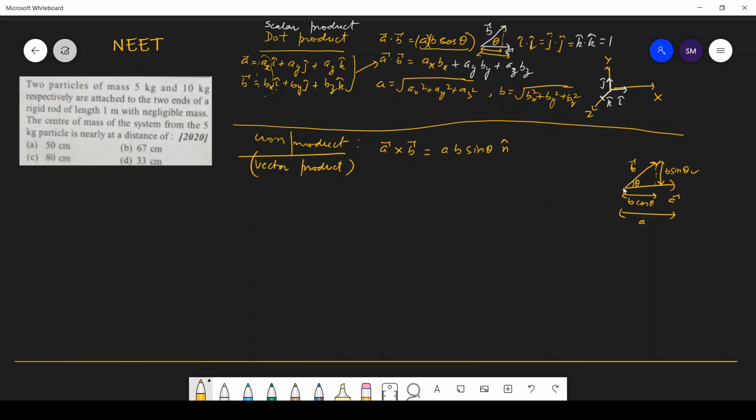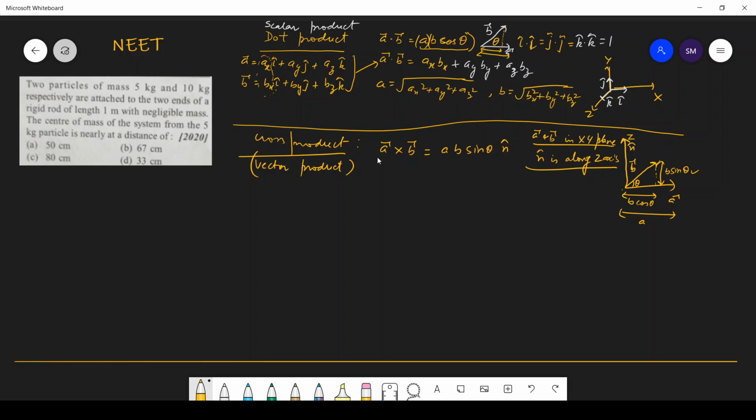So if a and b lie in the xy plane, then n cap is along the z-axis. This is the direction of n cap, or you can say the direction of vector a cross b.